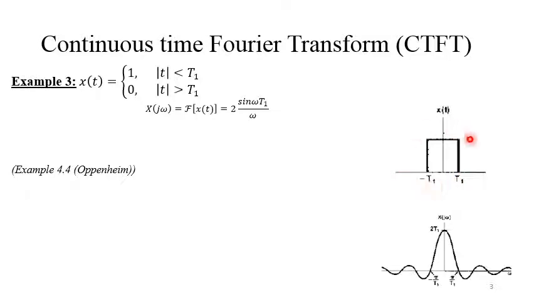Mathematically it is defined as x of t equals 1 for the absolute value of t less than t1.